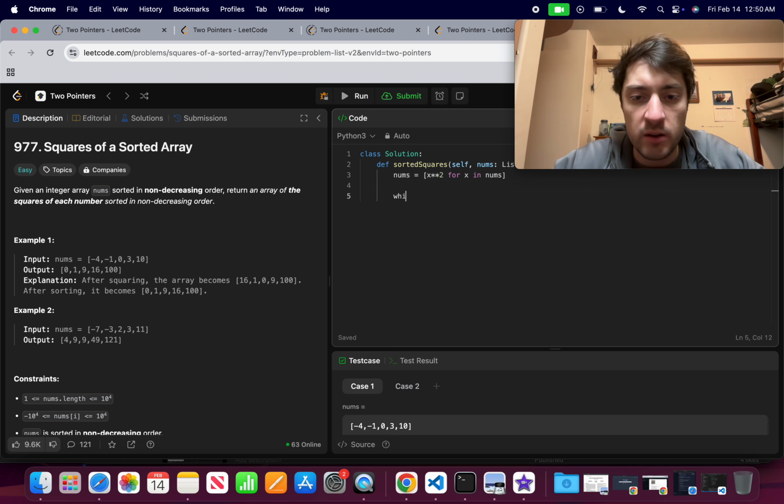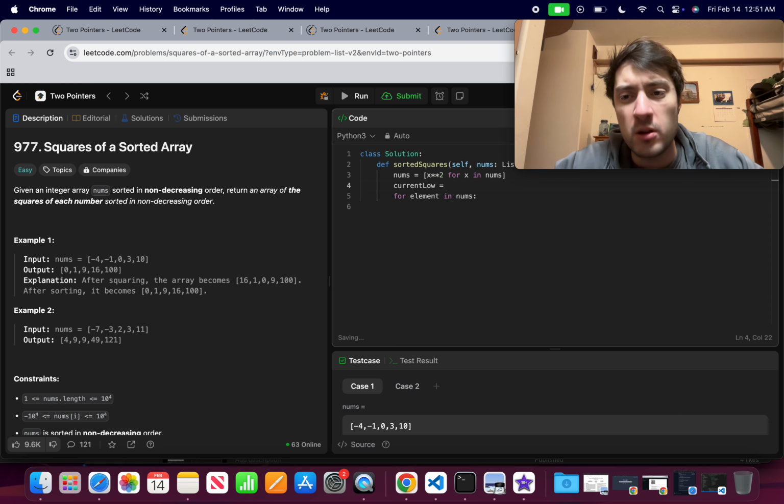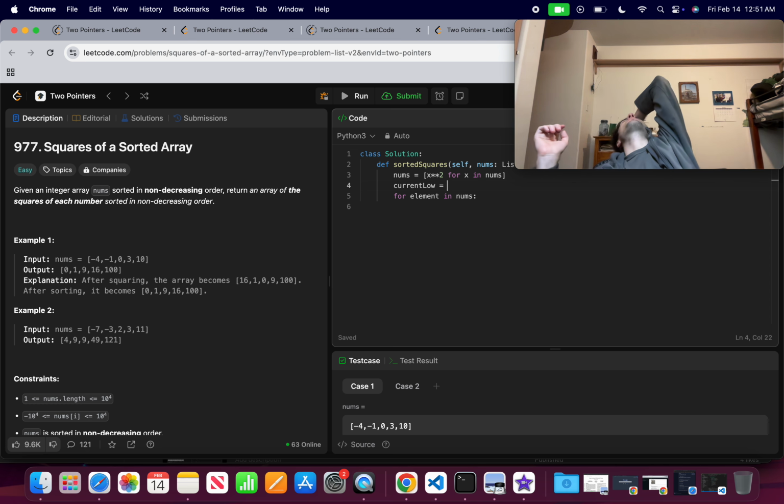So while, for element in nums, what do we want the current low to be?